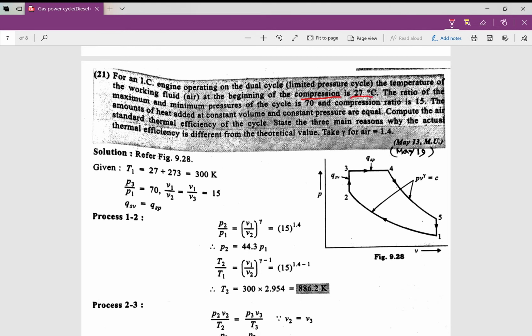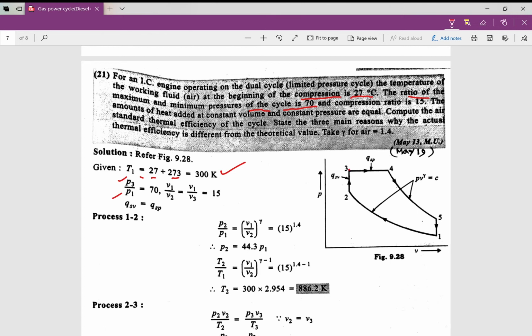So temperature at point 1 is 27 plus 273. And then the ratio of the maximum and minimum pressure of the cycle is 70. Maximum and minimum pressure ratio given 70, so P3 upon P1.